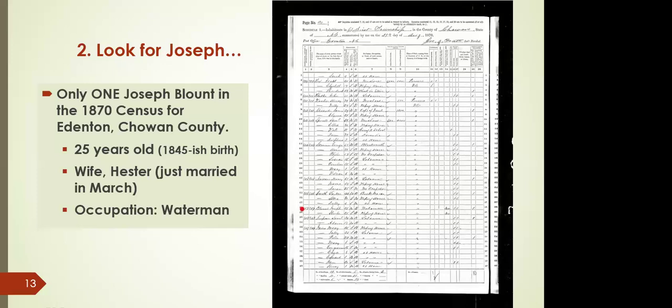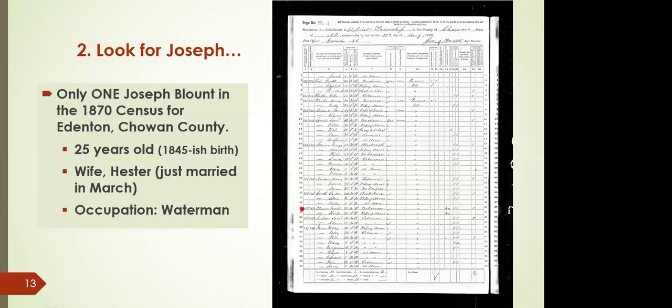Now, remember, I told you he was not one of the original Blunt slaves, that he had to have been born sometime after 1836, unless Rebecca had acquired him in a different way. So this was very supportive of the theory and hypothesis that I was beginning to build about this person for whom I knew nothing but a first name.